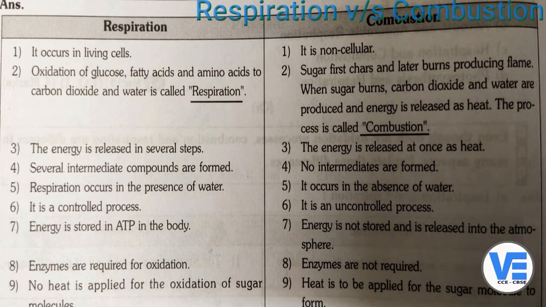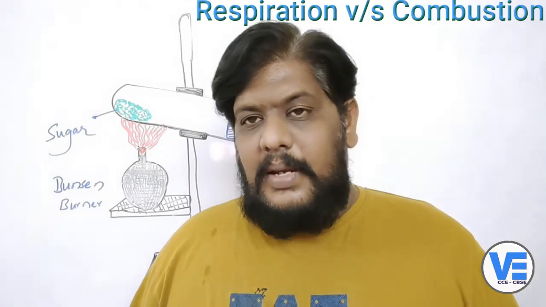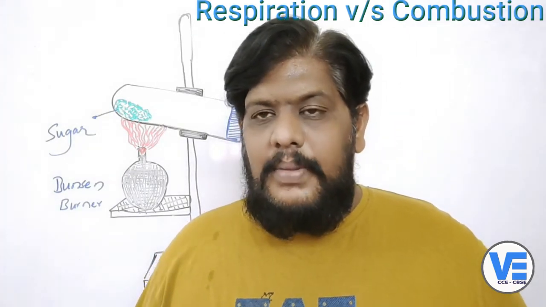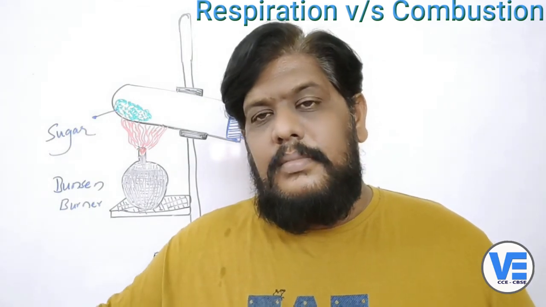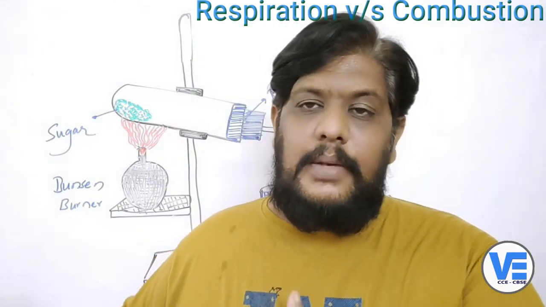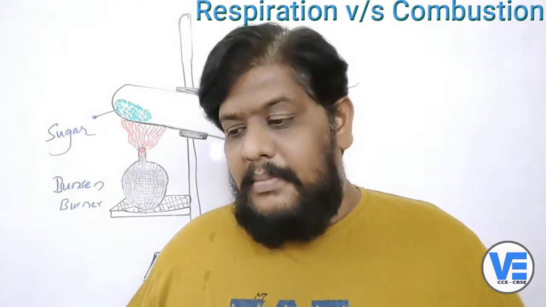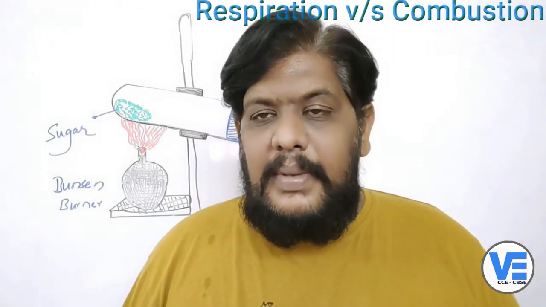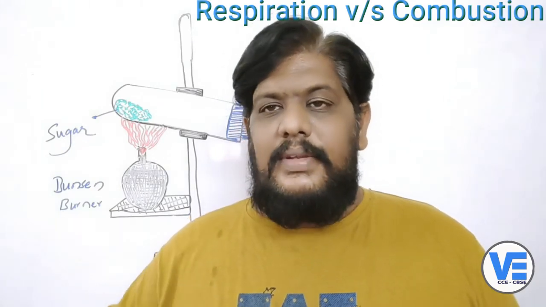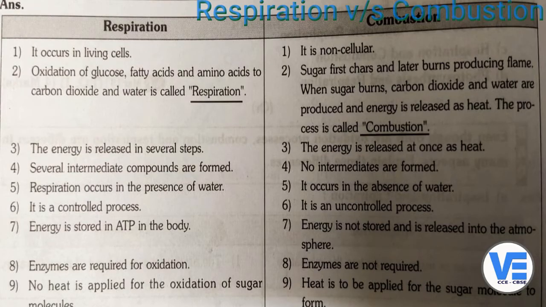In the process of respiration, several reaction intermediates are formed. That means before the final product is formed, several other products are formed in between. But in combustion, no such reaction intermediates are seen. Directly, whatever energy is there will be released in the form of heat.